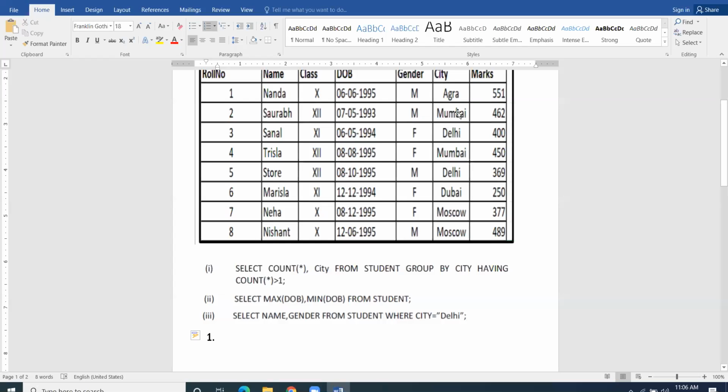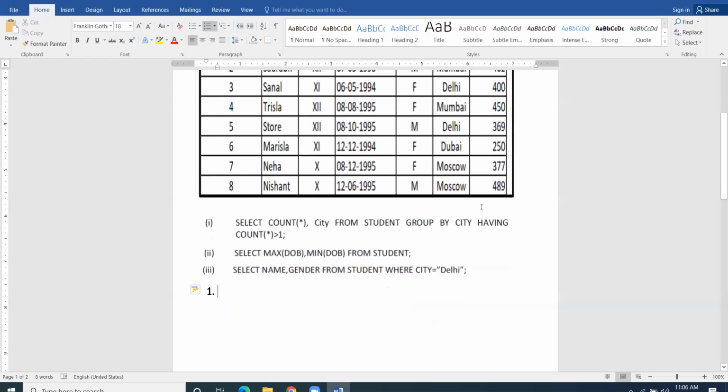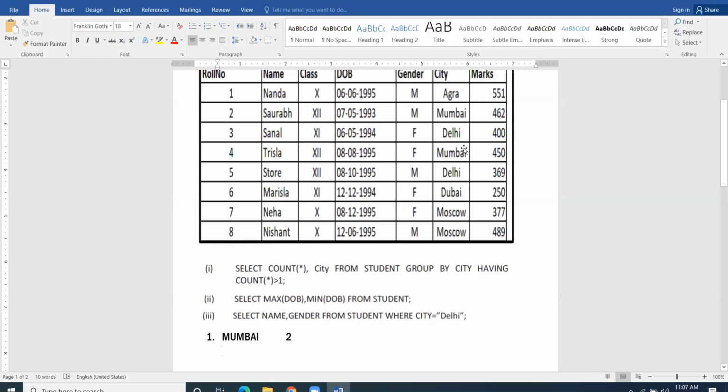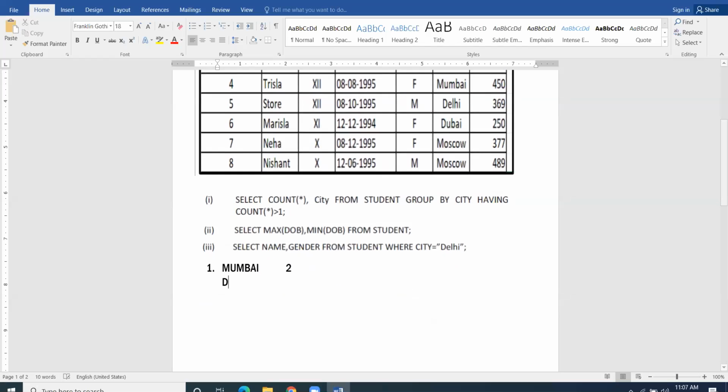Moving towards Mumbai. Mumbai occurrence is twice, so definitely we are going to cover it. Mumbai, and its occurrence is 2. Next, Delhi. Delhi is again occurring twice, so our next answer will be Delhi.